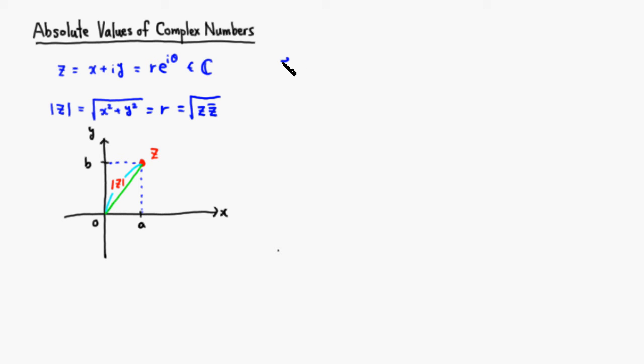A simple example: the absolute value of 2 plus 3i is simply the square root of 2 squared plus 3 squared, which is 4 plus 9, so the square root of 13. So easy to find. Now let's verify this formula here.